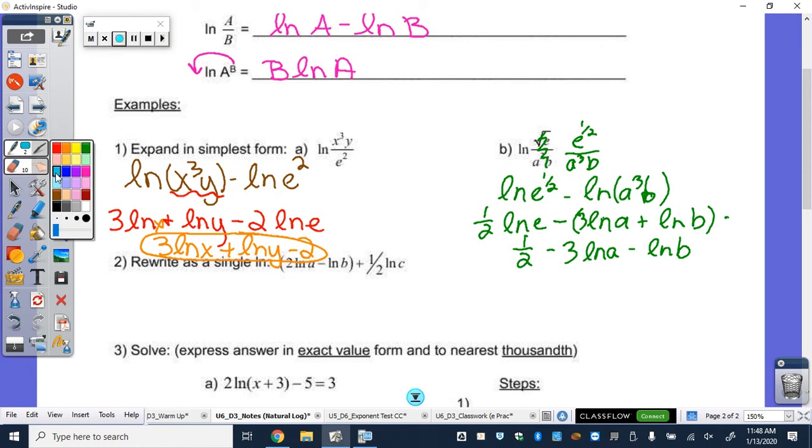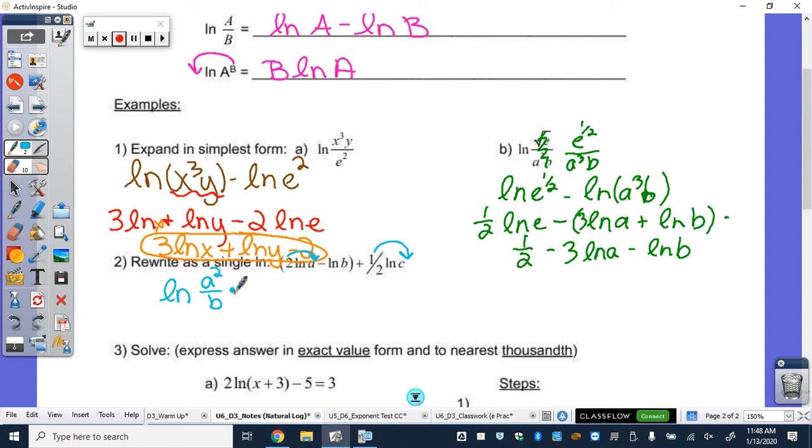So condensing, we got to go back the other way. So any numbers in front of ln's are exponents. So within that first set of parentheses, that would condense down to be the ln of a squared over b. And then we got plus. So again, that 1/2 is going to be an exponent on our c.